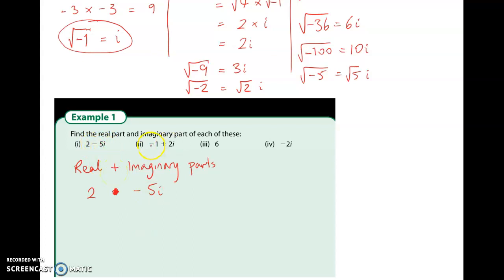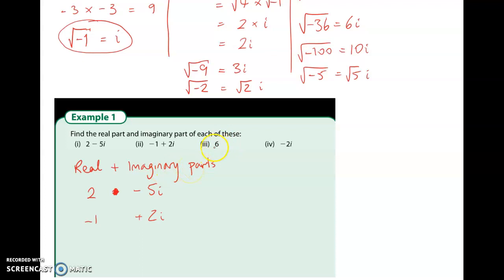So again, minus 1 plus 2i, well, minus 1 is the real part, and 2i is the imaginary part. Generally speaking, you'd always write the real part first and the imaginary part second.